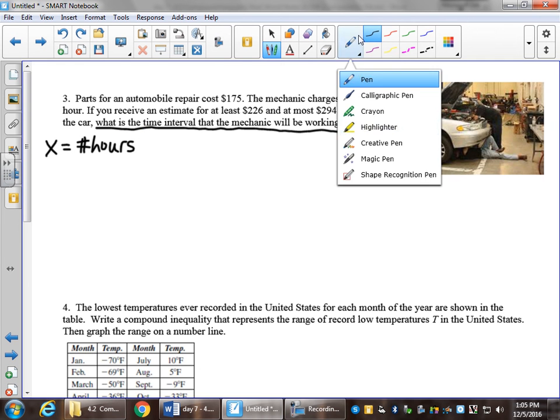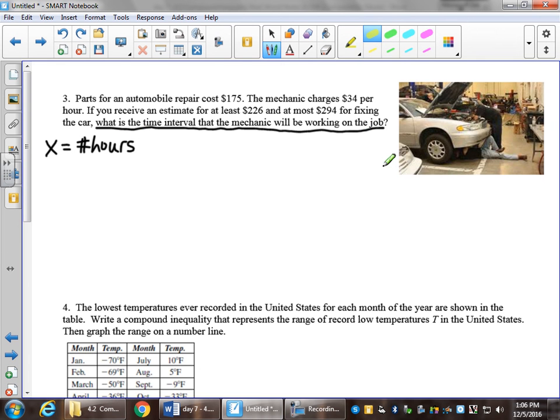Now, I don't have any equation that I can highlight, but I get the sense that we can write an expression for how much this guy's going to charge. It says the mechanic charges $34 per hour, and the parts are this much. So from what I just highlighted in yellow, we can build mx plus b. We can write an expression for the repairs.